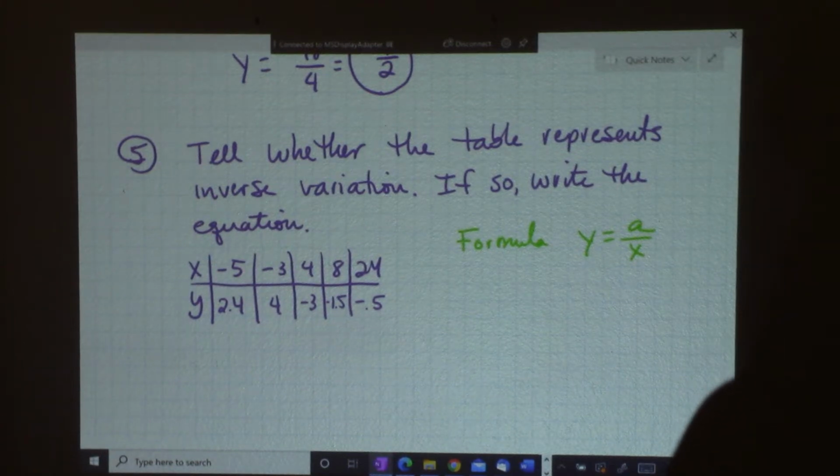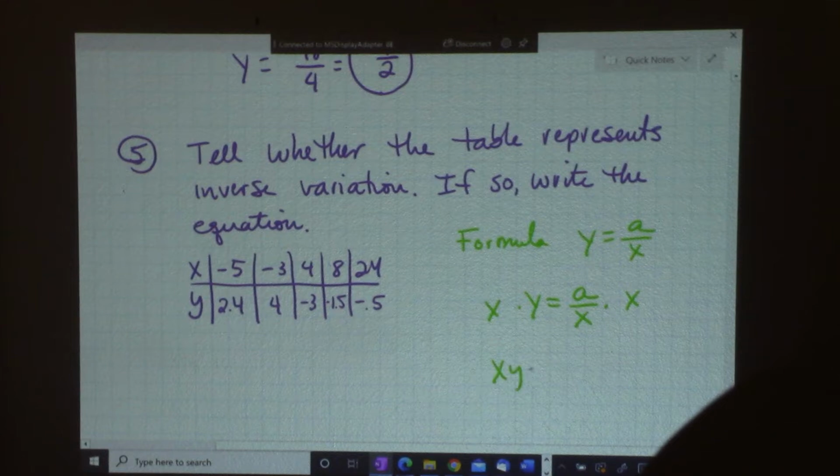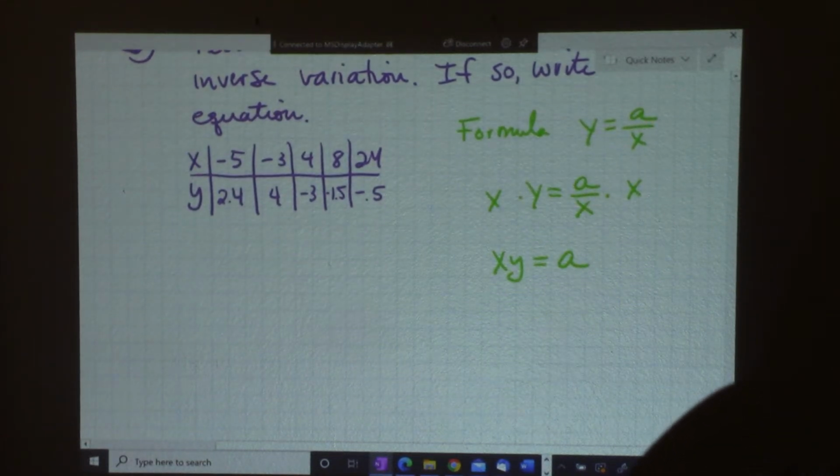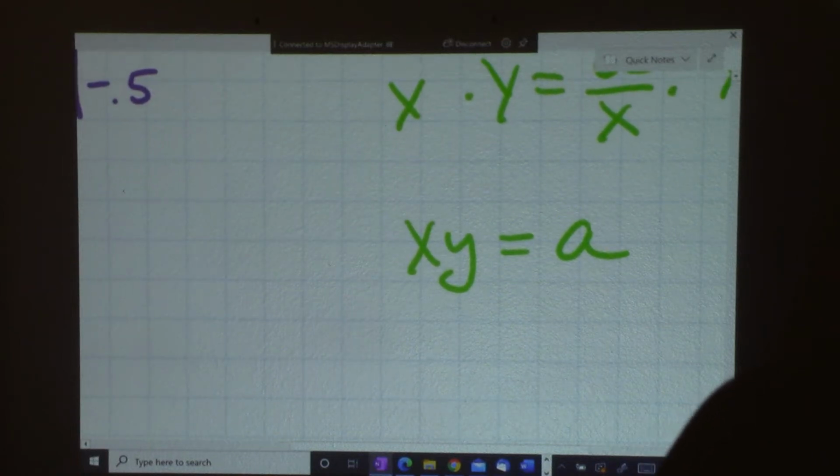All right, let's do that this time. I'm going to take y equals a over x, and multiply by x on both sides. Now, why do I do that? I end up with x times y equals a.